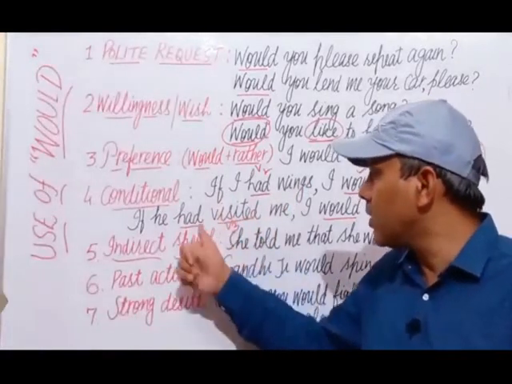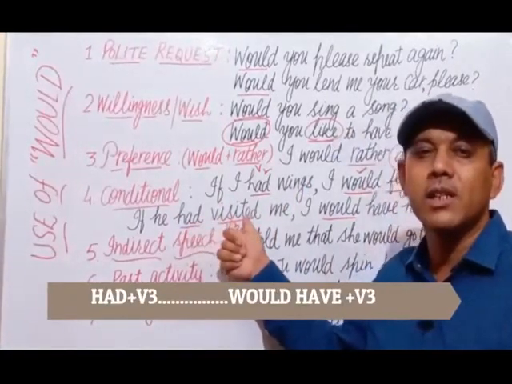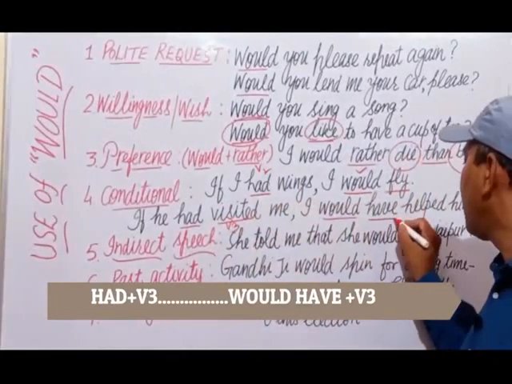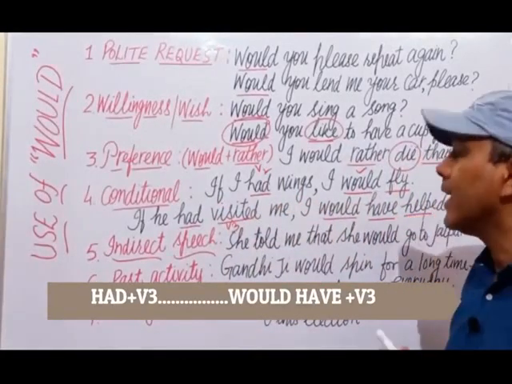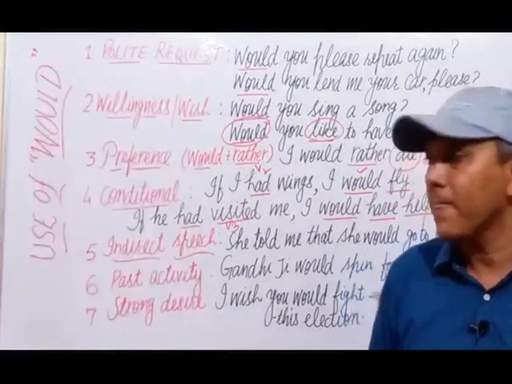If in the first clause there is had plus V3, then we shall use would have plus V3 in the next clause of the sentence.